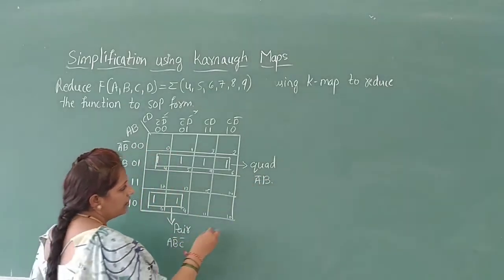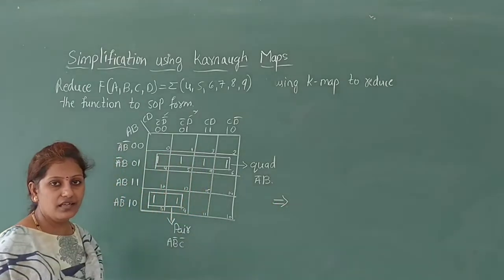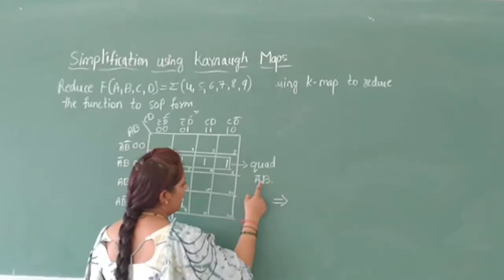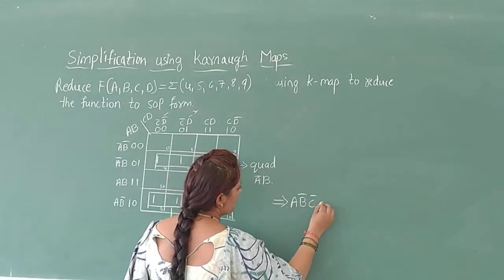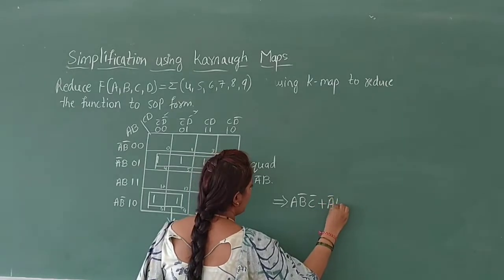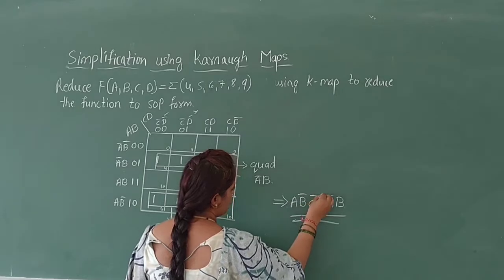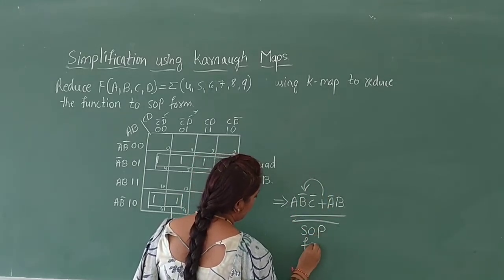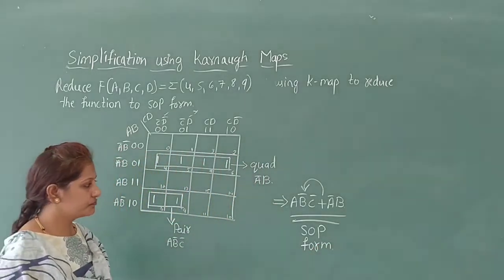Then write down the SOP form using minterm values A B bar C bar and A bar B: A B bar C bar plus A bar B. This is called sum of product, SOP form using minterms.